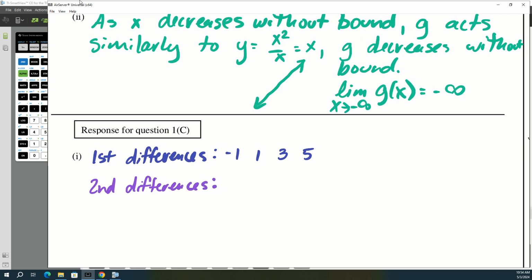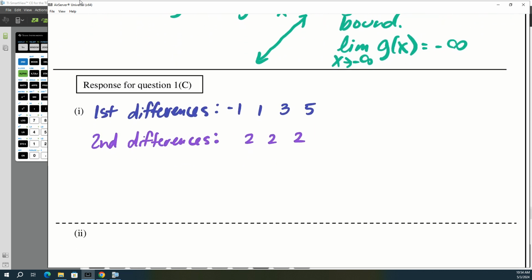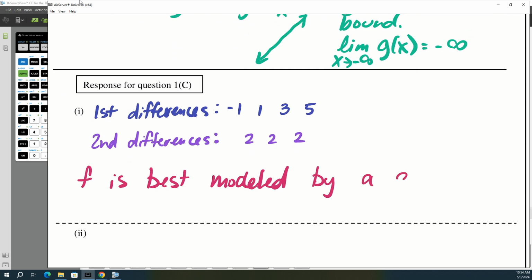First differences are not constant. However, second differences are. All right, so you would need to write a statement about which is the best model. So I would say something like f is best modeled by a quadratic function. We don't say why here.